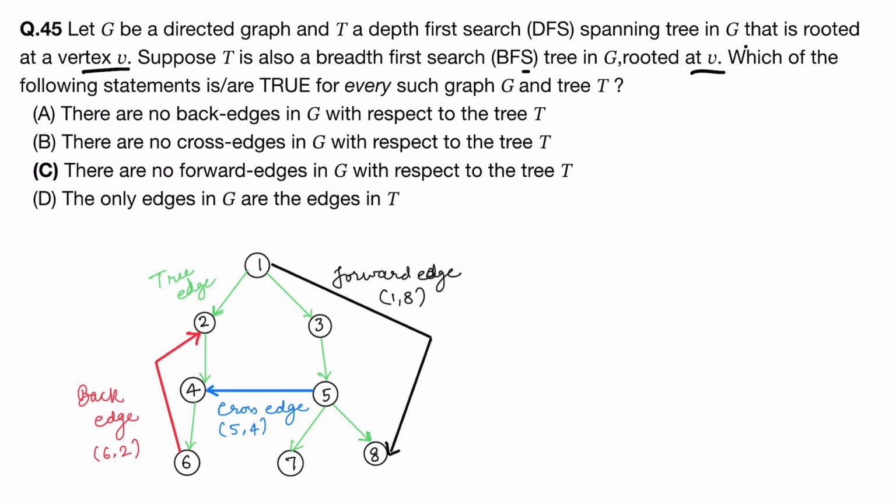See, in a back edge, it is going from a node to its ancestor node, and in a forward edge it is going to its descendant node. See, 1 to 8, it is going to its descendant node, so this is a forward edge. And for a cross edge, there is nothing common, neither ancestor nor descendant, so this is the cross edge 5 to 4.